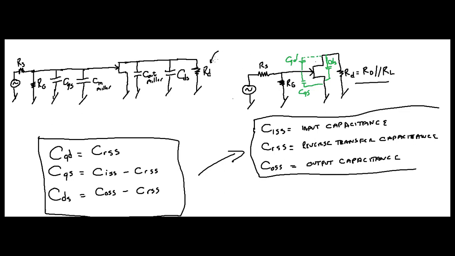Alright, this right here is your drain resistor, RD, in parallel with RL. So, this right here is your high frequency equivalent circuit after applying Miller's theorem. There you go. Now, let's start looking at calculating the input critical frequency and the output critical frequency. We're going to start on that next.